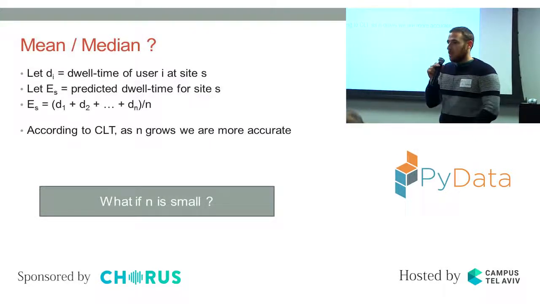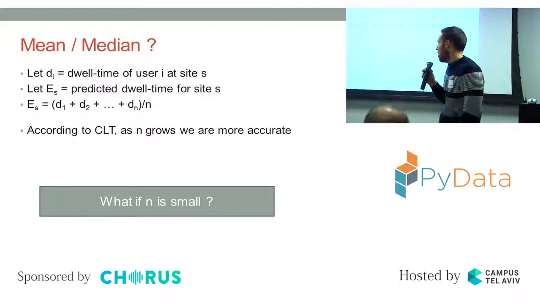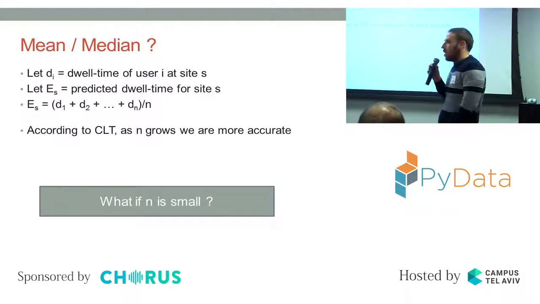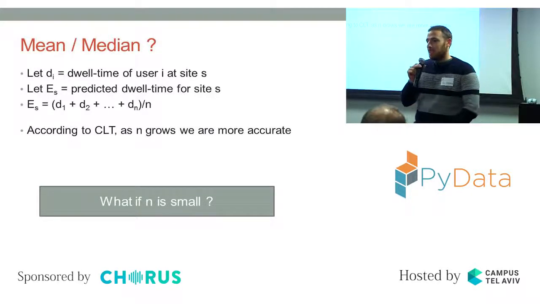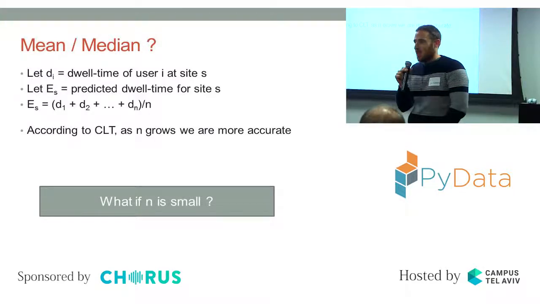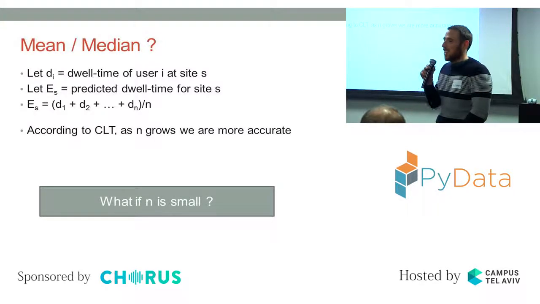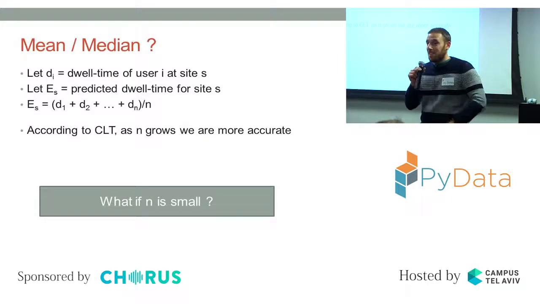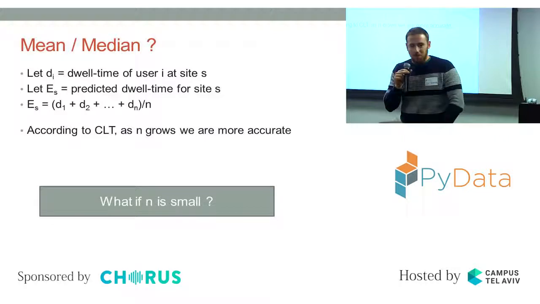How long do we expect the user to stay? I think we can all agree that this is a good prediction when n is large. We also have a very nice theorem, the central limit theorem, that guarantees it is going to be as accurate as possible as n grows.